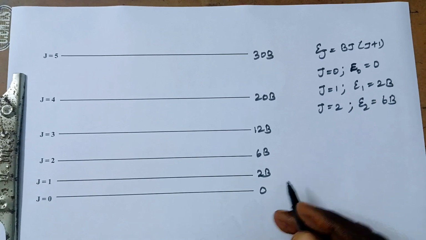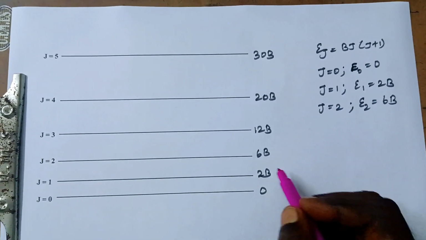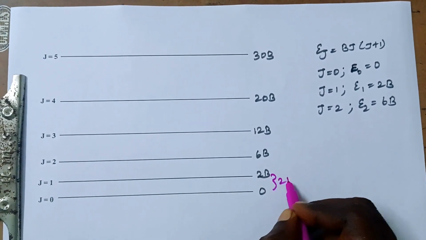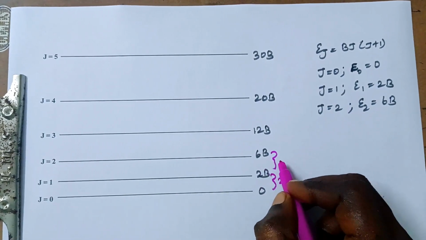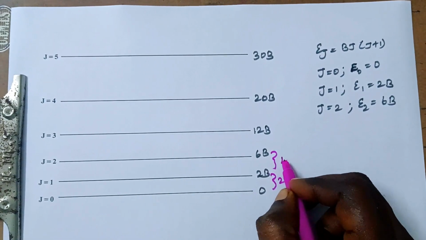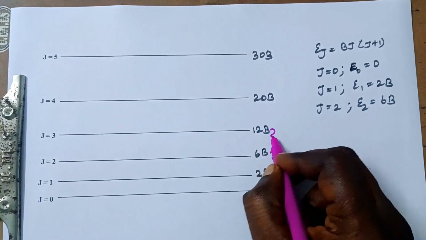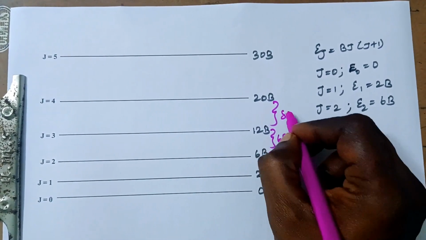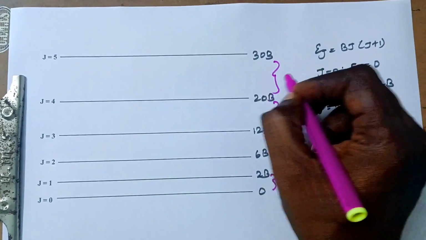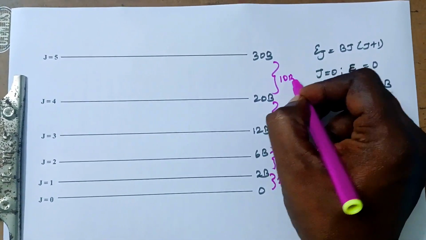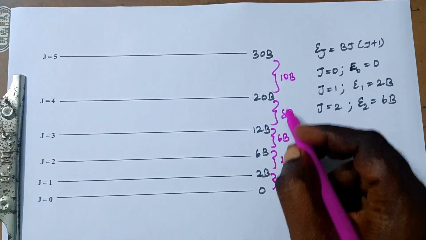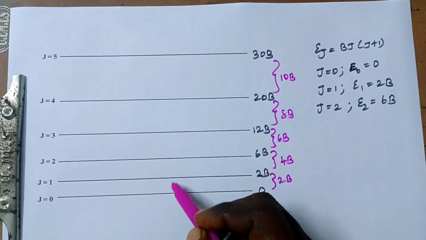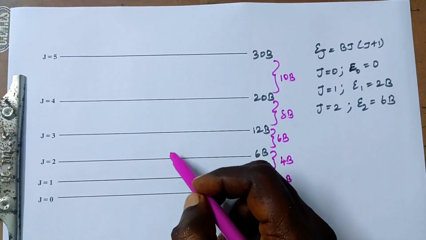The energy difference, you see, here it is 2B, here it is 4B, 6B, 8B, 10B. See, the energy gap increases. That is why the gap between each two successive energy levels keeps on increasing.